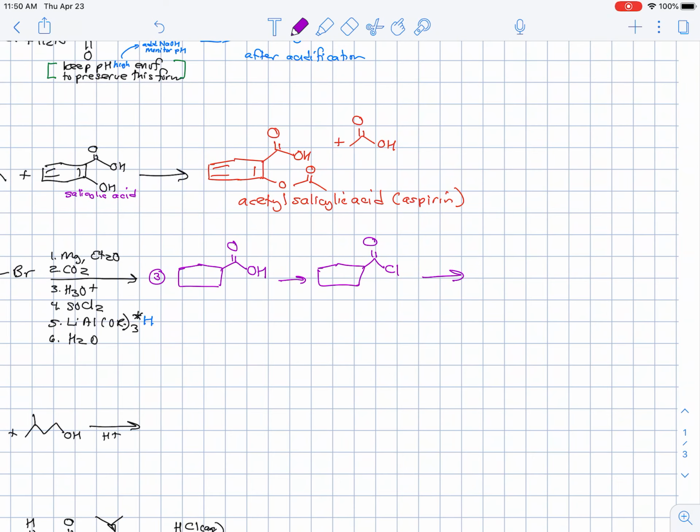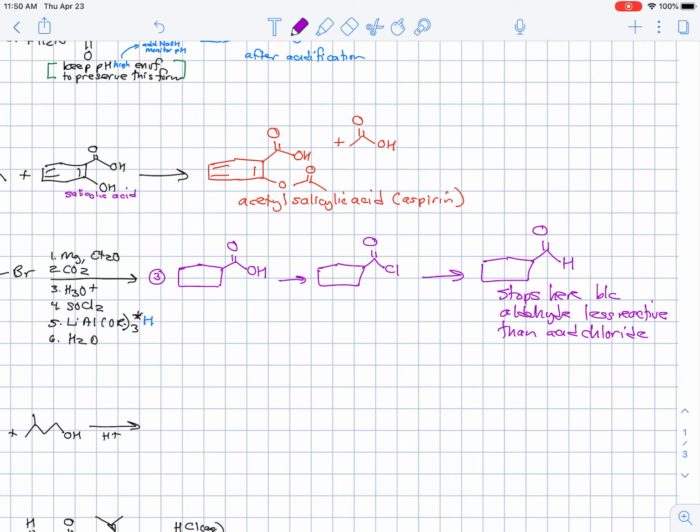And again, what that does is it reduces specifically acid chlorides, and anhydrides, to an aldehyde, and it stops here because the aldehyde is less reactive than the acid chloride.